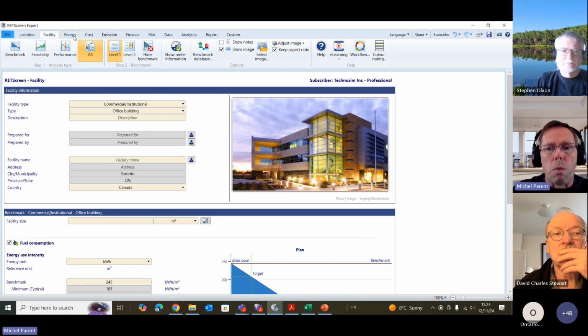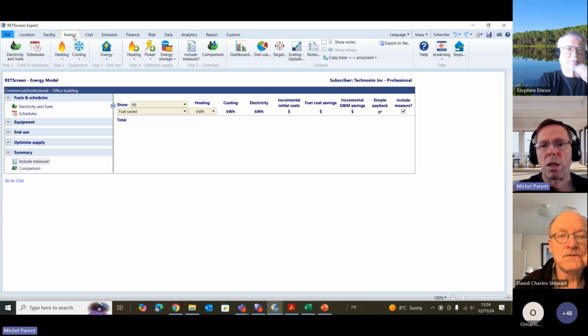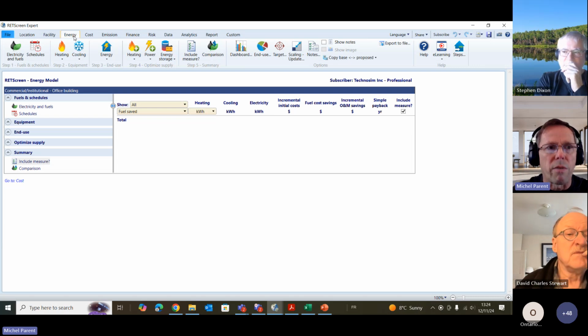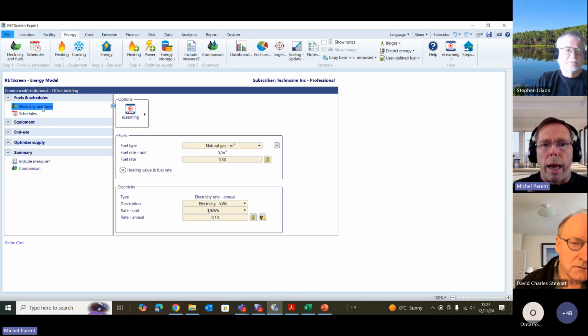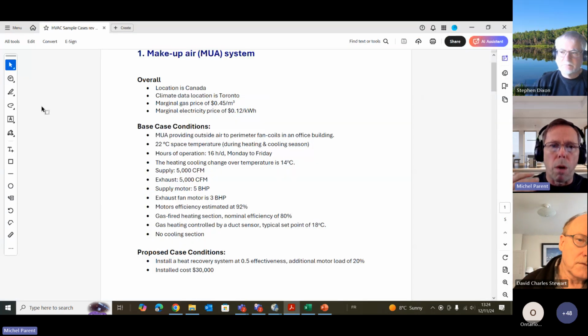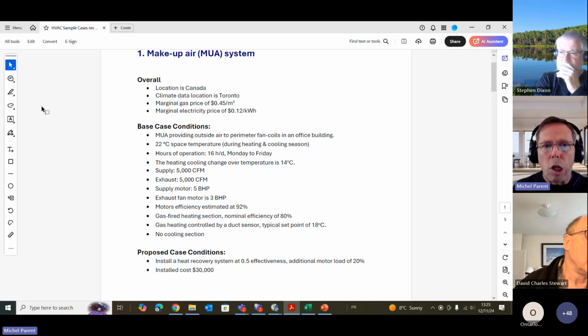And now we're going to go to the energy tab. And that's where we're going to start defining our HVAC system, just like Stephen had shown us before. First thing we're going to do, make sure that we have the proper energy rates. For the energy rates, we're going to enter the marginal rates. Obviously, in our sheet, we provide you with the marginal rate. It is important that you don't define your average yearly rate, because that rate is going to be used to calculate your energy savings.